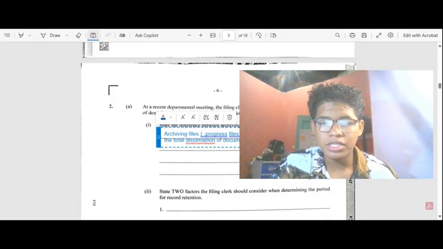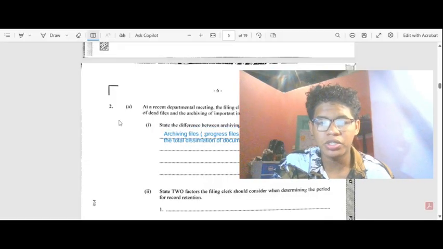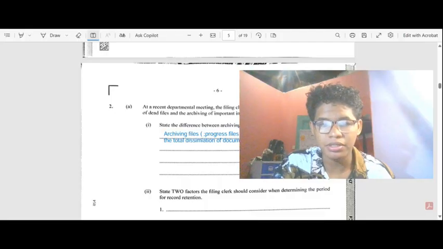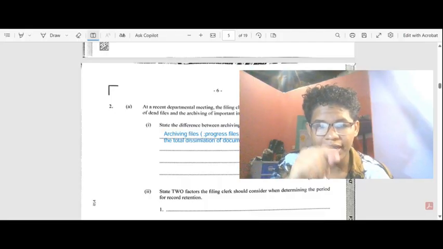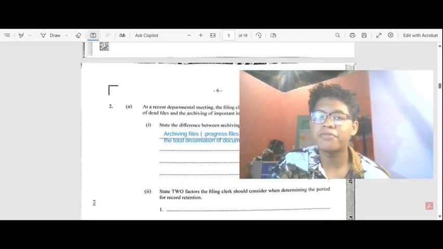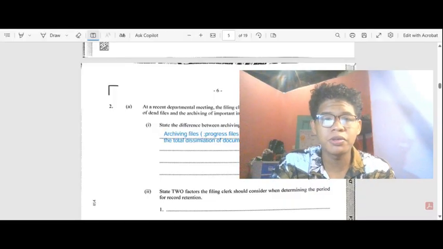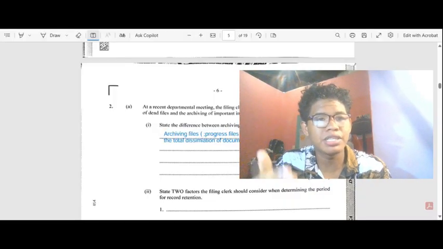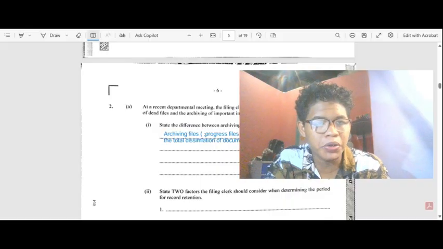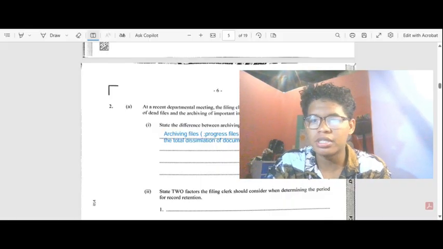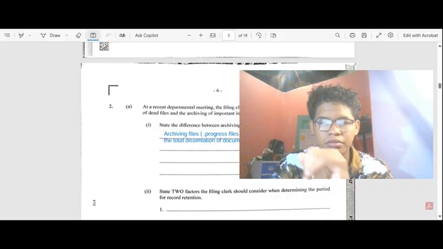So dissemination of documents means that you're totally destroying the documents, right? You're totally annihilating them. So archiving files, another thing that you have probably learned from this video, means that the documents are in progress. They're still working on them.